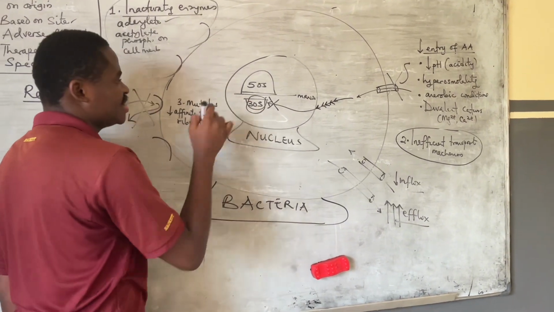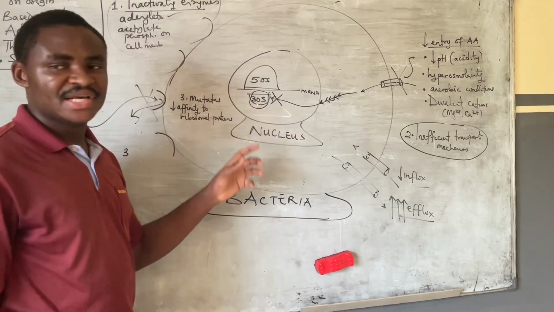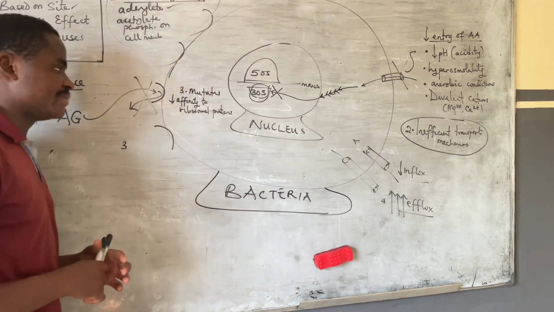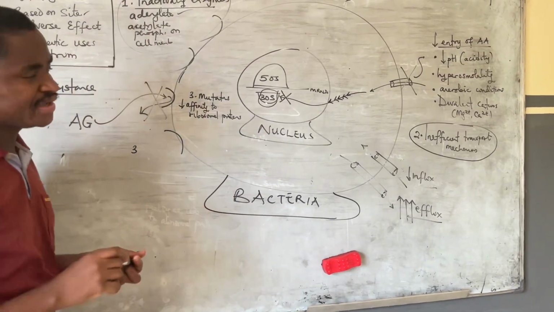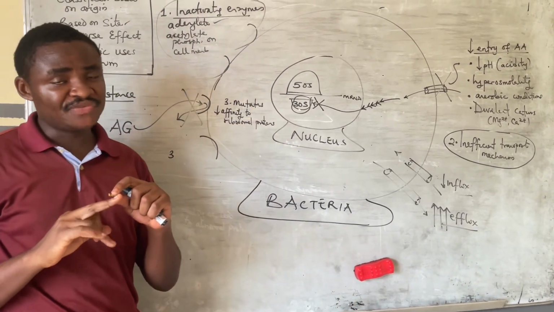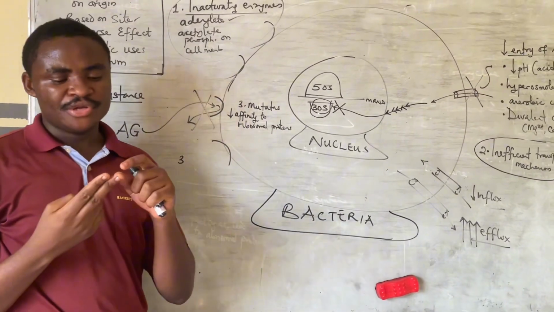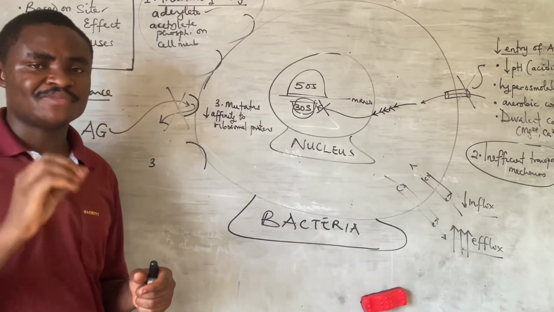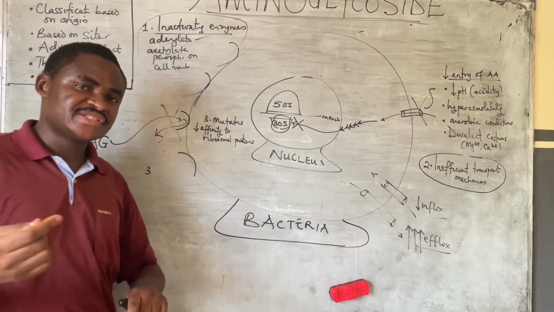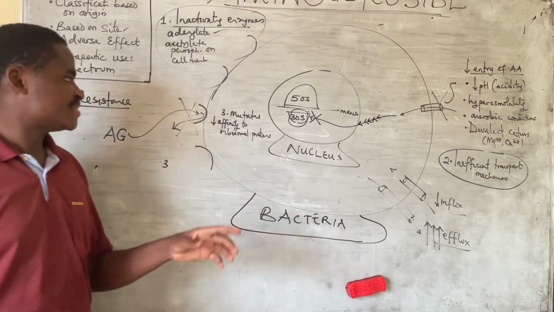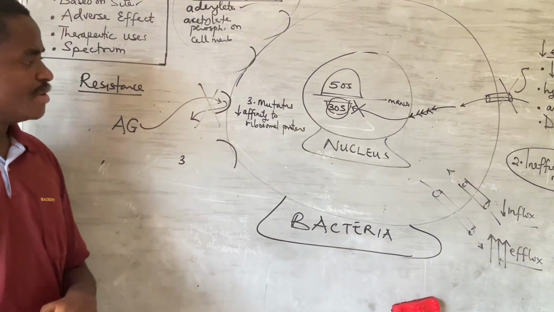So when there's a mutation that causes a fall in the amount of aminoglycosides that eventually reach their site of action, that is something to really consider. All right, so that has been for resistance. There are three mechanisms. Number one, inactivating enzymes that either acetylate, adenylate, or phosphorylate. Number two, inefficient transport mechanism, where we either increase the efflux or decrease the influx. And number three, mutations that cause a fall in affinity to ribosomal proteins.